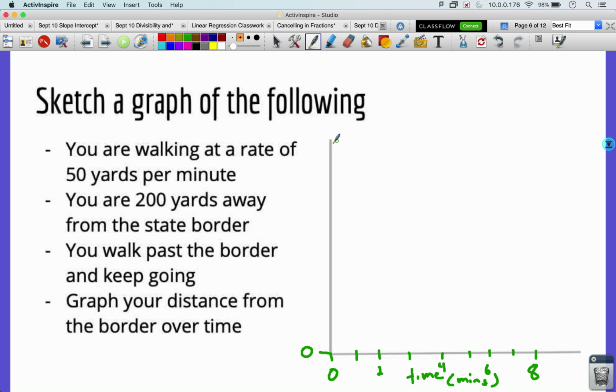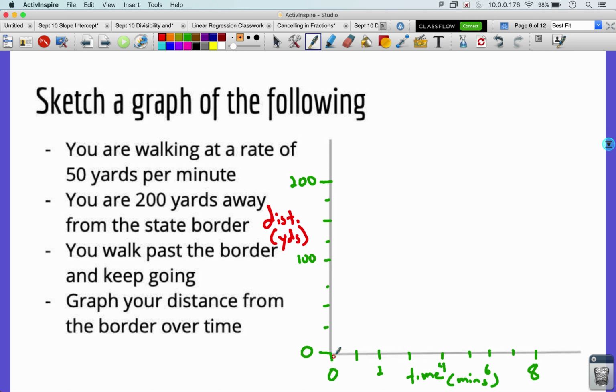We start 200 yards away, so we better make sure we go up to at least 200. So I'll put 200 right there, and then tick marks at 100, 50s, maybe 25s. All right, so then we should have this distance in yards.